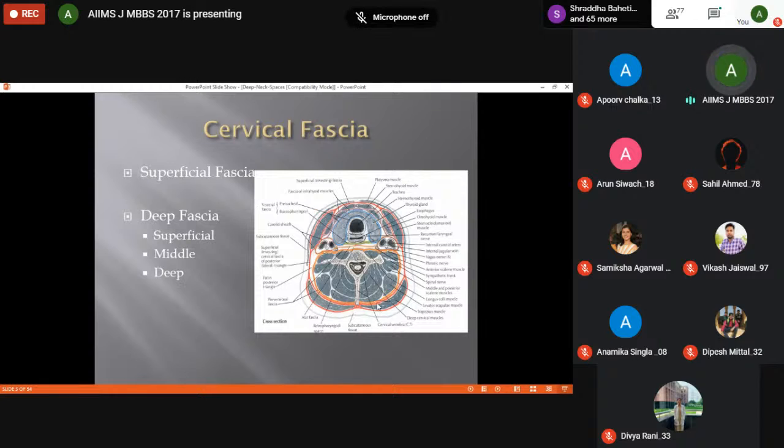They are all covered in a layer of fascia known as the superficial layer of deep cervical fascia. This red line is all the superficial layer of deep cervical fascia.